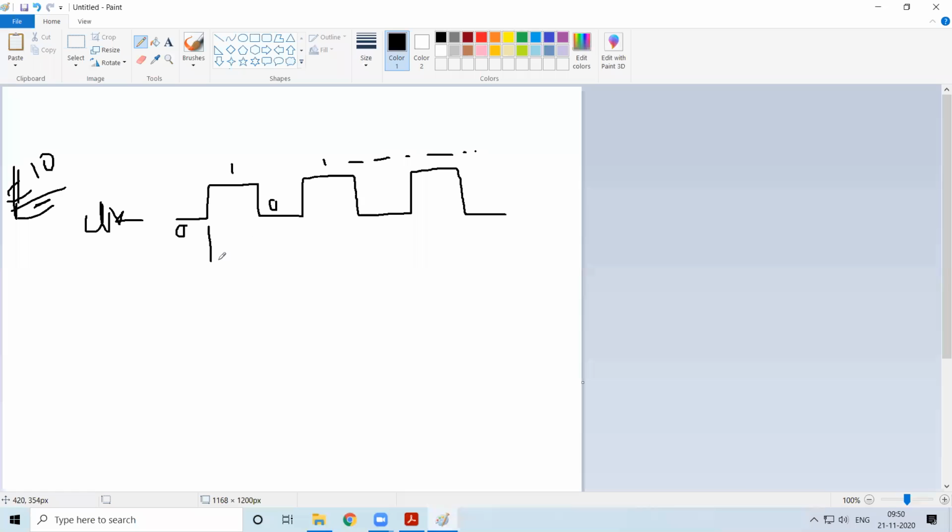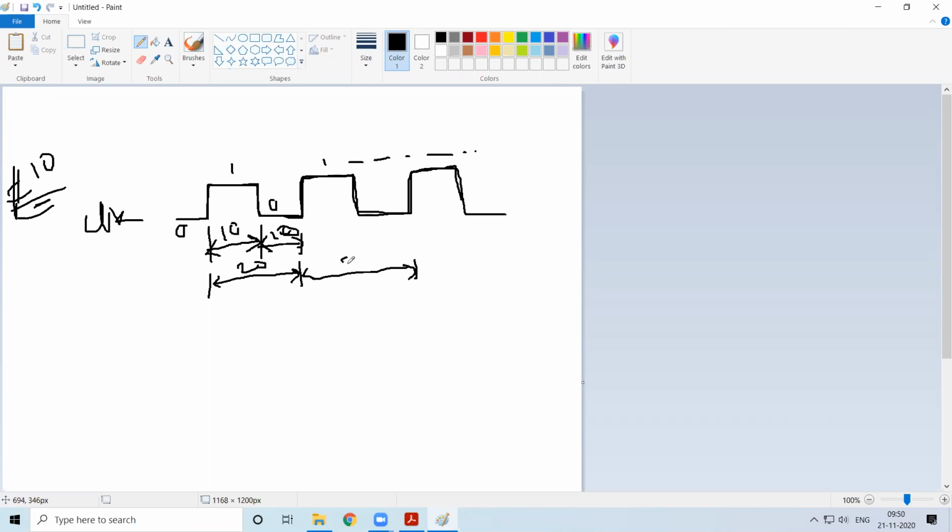Now if I look at what is happening, it will be 1 for 10 time units and 0 for 10 time units. So the total is 20. From here to here, if you observe, after this the clock is repeating again.